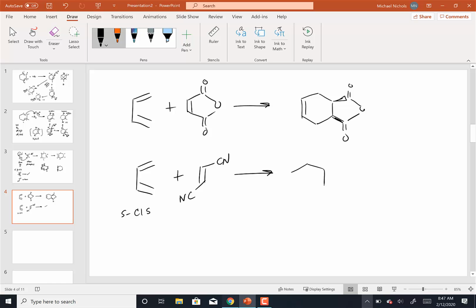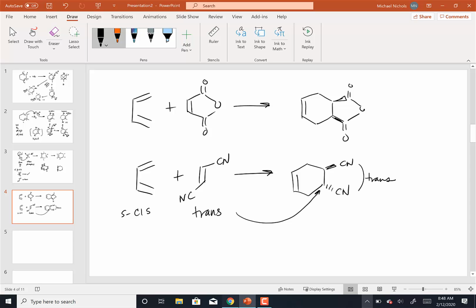So yes, I can do this reaction, but what's going to happen is the two CN groups are going to be trans. Does it matter if the bold is on top or bottom? No. As long as there is a bold and dashed wedge, because this trans must be preserved over here into those two groups being trans.